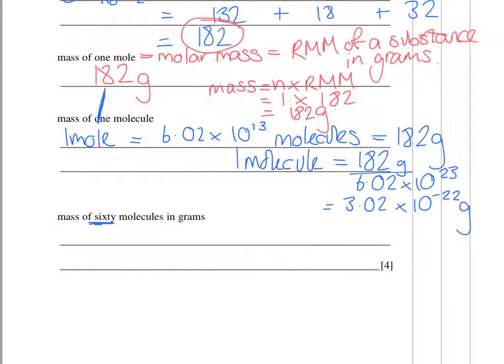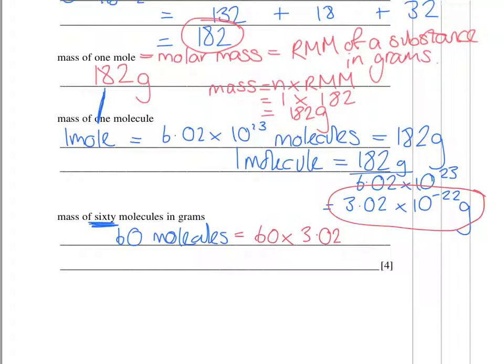And so the mass of 60 molecules is going to be 60 times this number, if that is the mass of 1 molecule. 60 times 3.02 times 10 to the minus 22 grams, which is equal to 1.814 times 10 to the minus 20 grams.